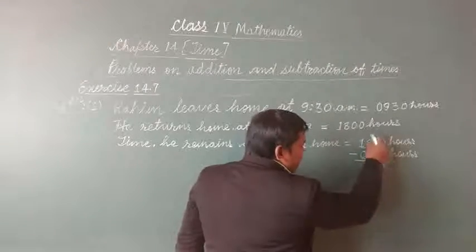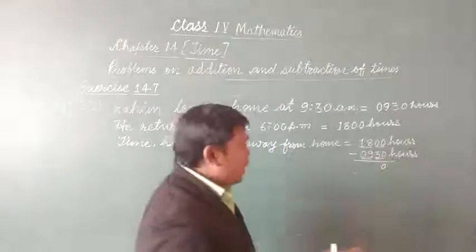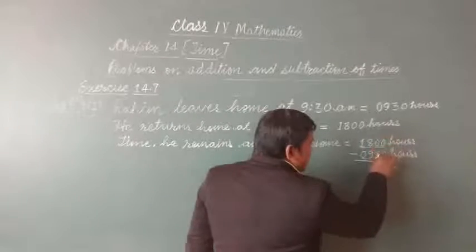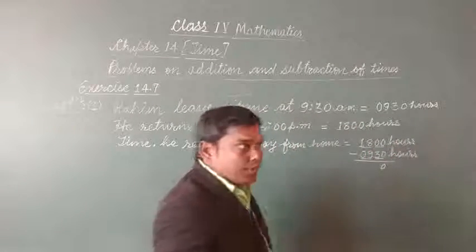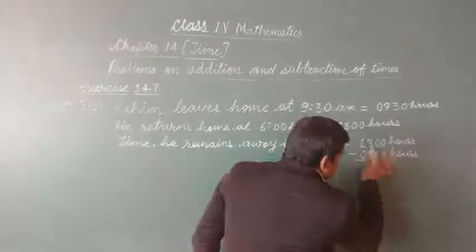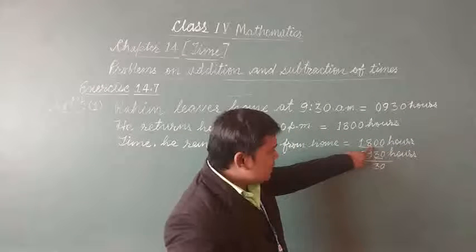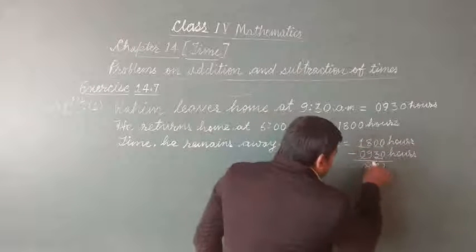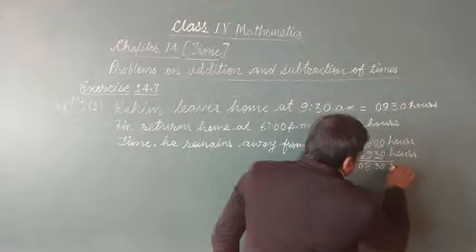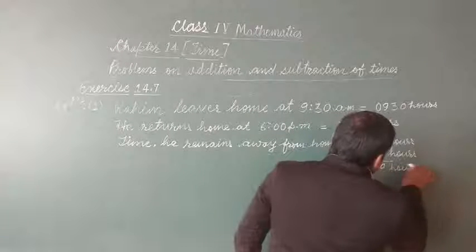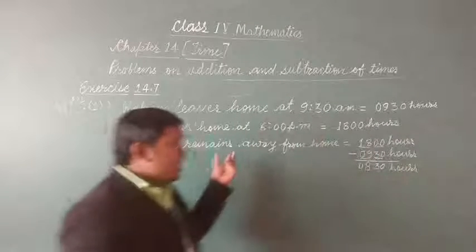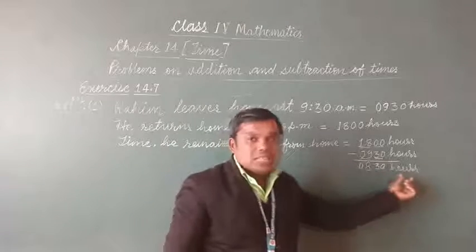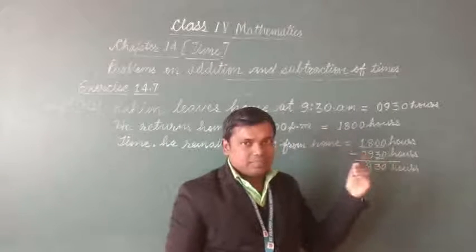When we take 1 hour, then it will be 60 minutes. So from 60 minutes we subtract 30 minutes, we will get 30 minutes. And now it will be here 17 minus 9, 8. And here we put 0, means 8:30 hours. It means Rahim remains away from home 8 hours 30 minutes.